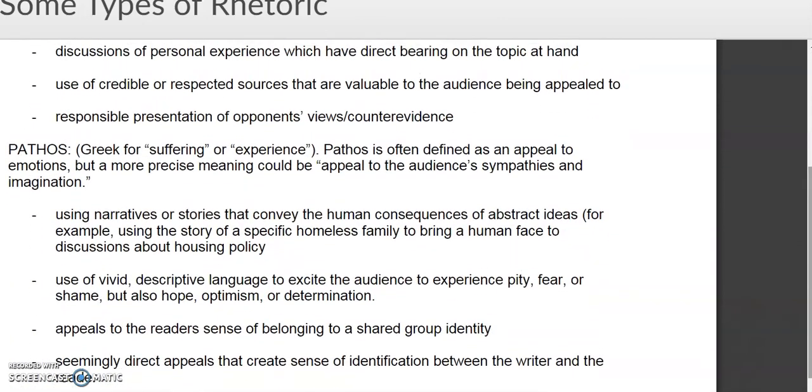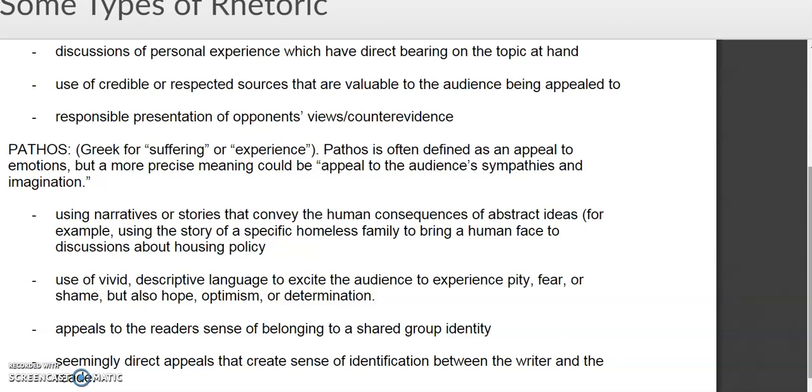Pathos is next. It's about feeling. It's often defined as emotion, but more accurately, you can think about it as engaging with the sympathies and the imagination of the audience. This doesn't always have to be completely over the top. There are some kinds of writing where there is almost no pathos. Some types of academic writing really frown upon it. But there are different ways to engage the emotions and imagination of your audience that aren't just about making them sad.